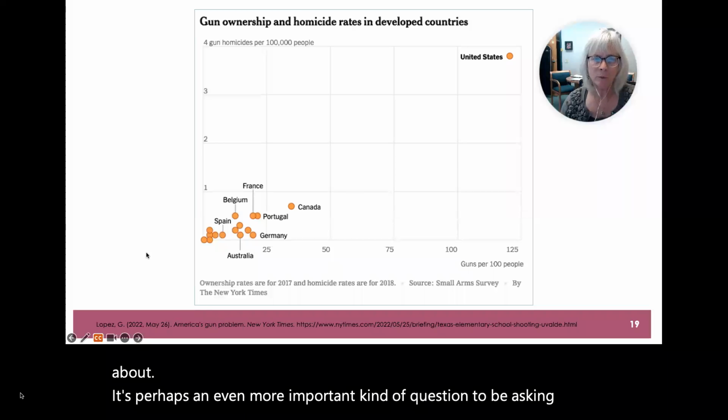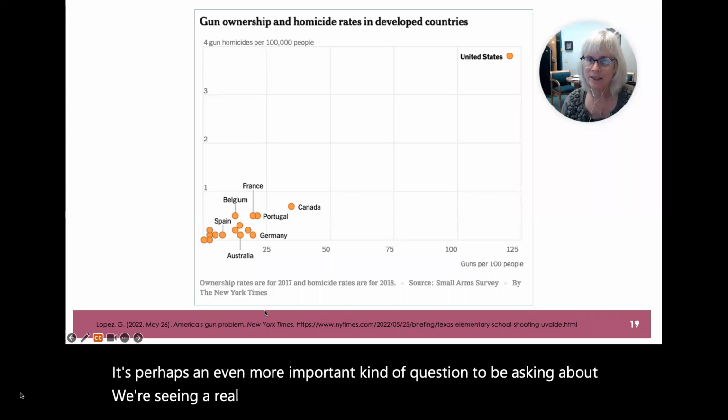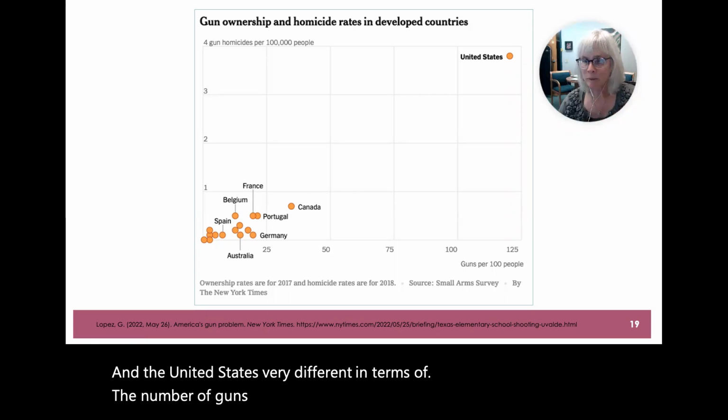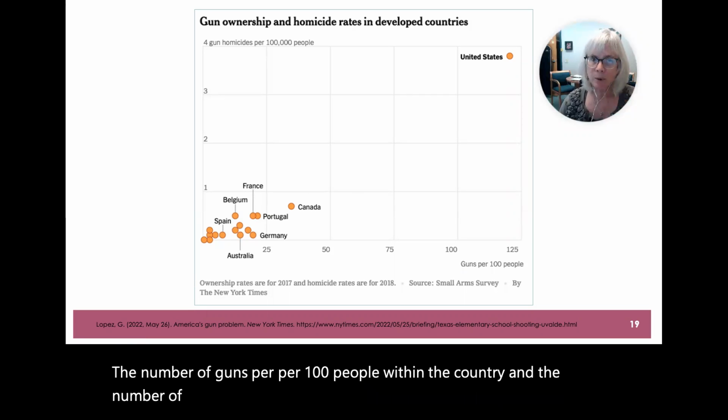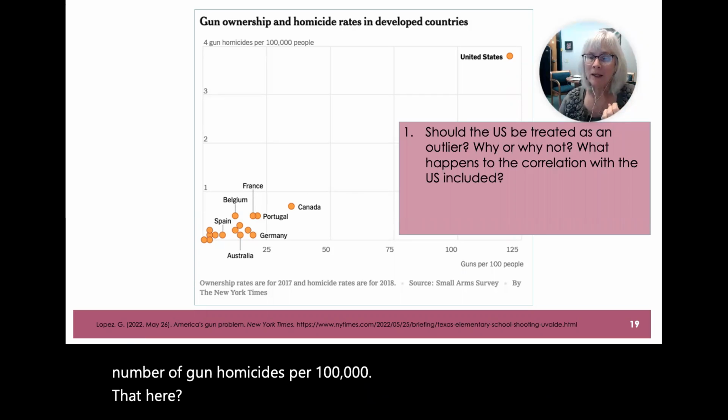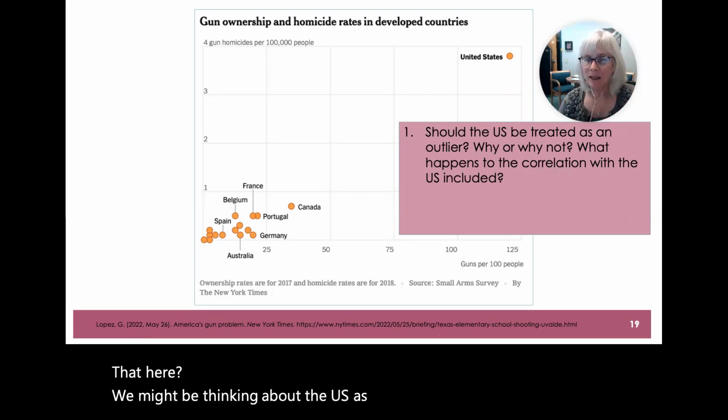We're seeing a real cluster of data points here. And the United States, very different in terms of the number of guns per 100 people within the country and the number of gun homicides per 100,000. Here we might be thinking about the US as an outlier.